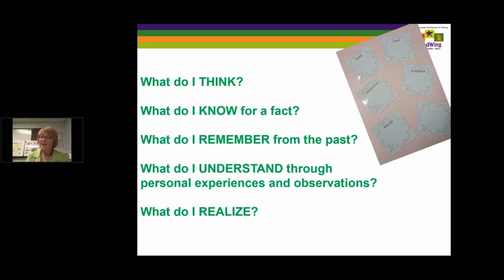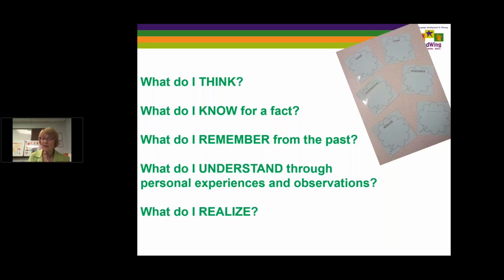Here they are in our little cards that you're going to see in the lesson with the second grade boys. What do you think? Thinking is a word for a mental state rather than something that you say. What do I know for a fact? Knowing means that there is something that you have factual. Remembering is a recall of something from the past, which we often use if we're telling a personal narrative or an autobiographical narrative.